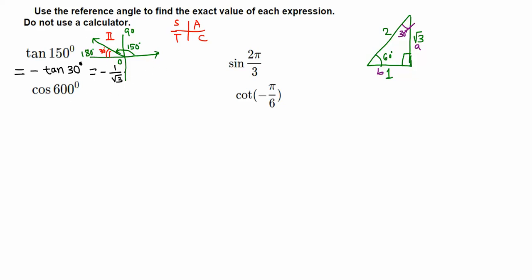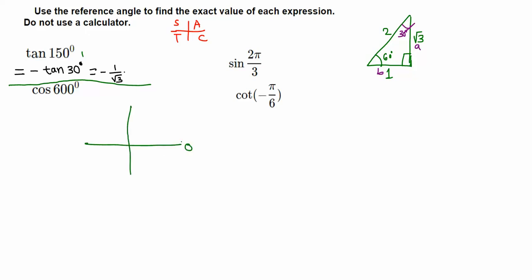Okay, let's go for the second one. That's 600 degrees. Let's draw 600 degrees to figure out the quadrant where it lies. So 0, that's 90, 180, 270, 360, and that would be 450, 540, and 630.